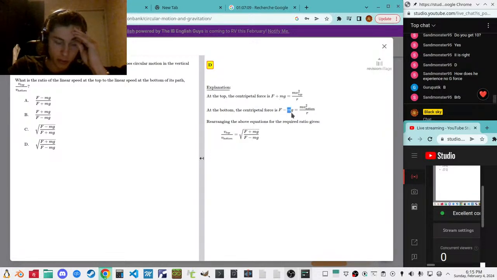But this should be much more at the bottom, isn't it? Well, tension is more. Isn't centripetal force tension? If you had a thing on a rod, we arrange the above equations for the required ratio. The centripetal force is F plus mg.